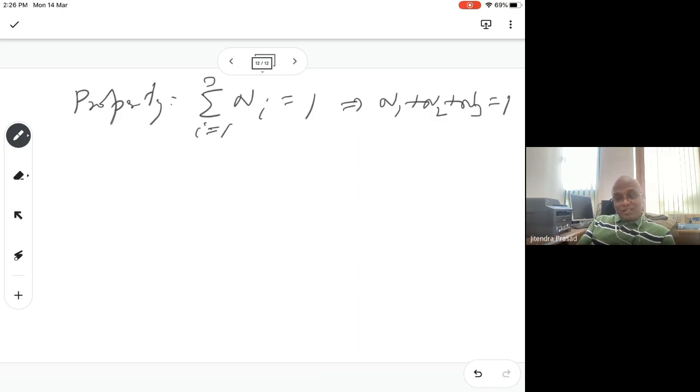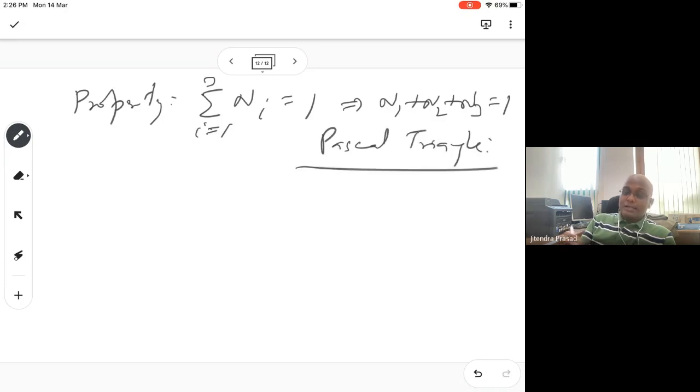There are various ways of doing the same thing. In order to find that out, you can say Ni(x,y) is equal to alpha i and so on. There is something called the Pascal triangle. It gives you the idea of which terms you can have.